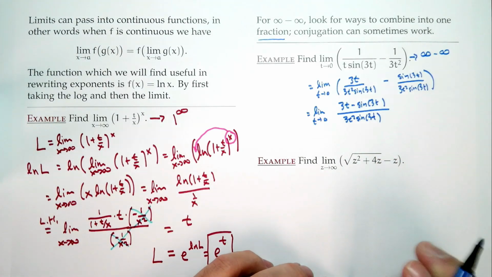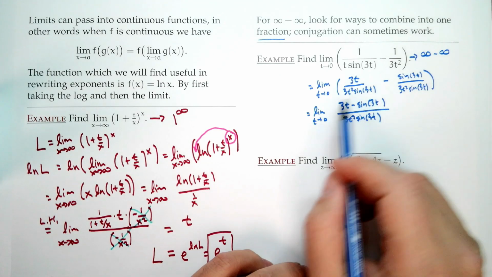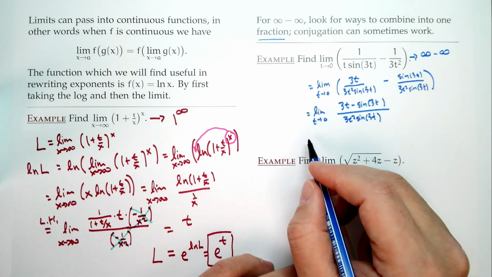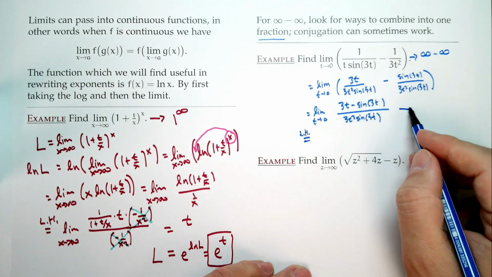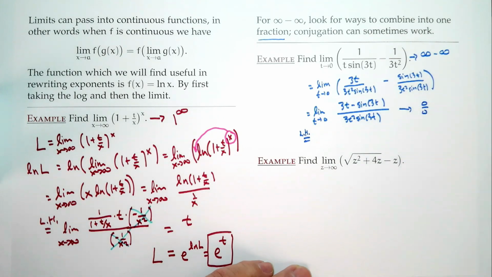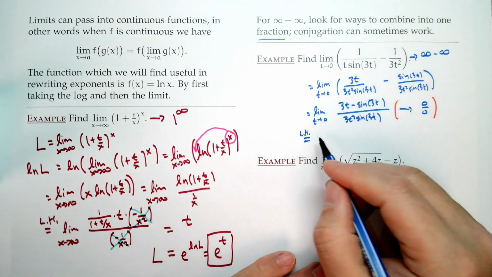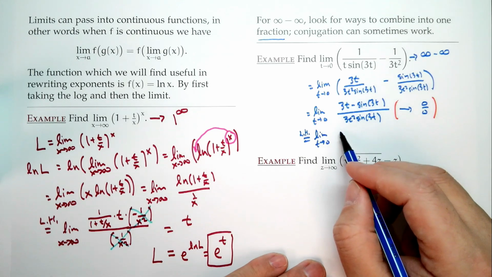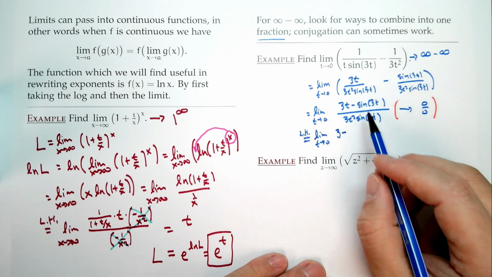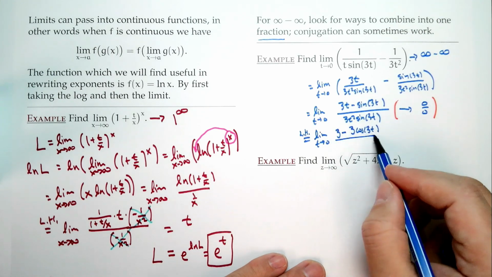Now what do we do? Well, let's use l'Hopital, right? Because you have 0 over 0. So we should note, this goes to 0 over 0. This is our justification. Remember, we always need to justify. So with l'Hopital, this becomes the limit as t goes to 0 of the derivative of the top, that's 3 minus the derivative of sine 3t, 3 cosine 3t, over the bottom.